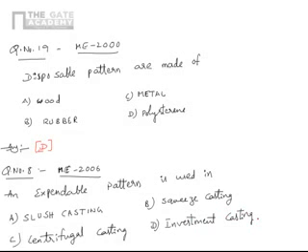For the expendable pattern, we know that the wax pattern is used in investment casting. Wax is an expendable pattern because once the mold is prepared, we remove the pattern by heating the mold, so the wax pattern becomes liquid. We remove the liquid by tilting the whole mold.